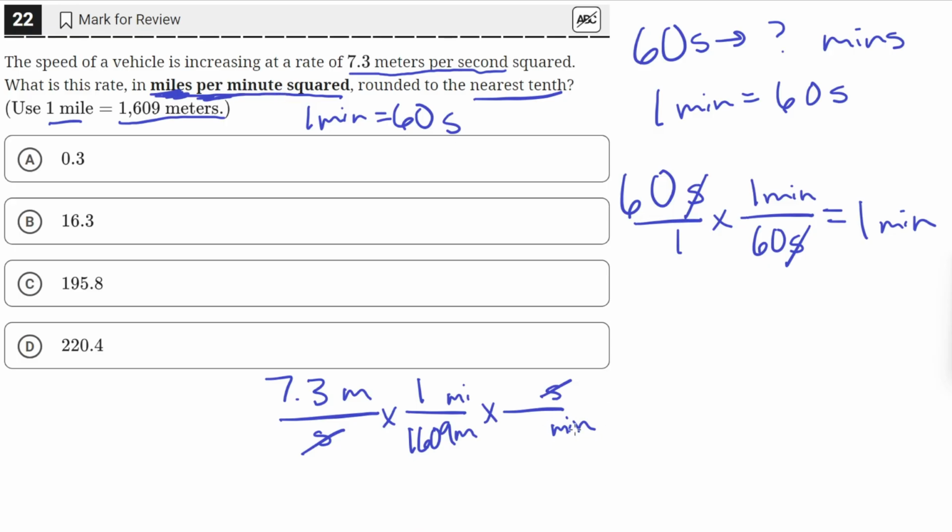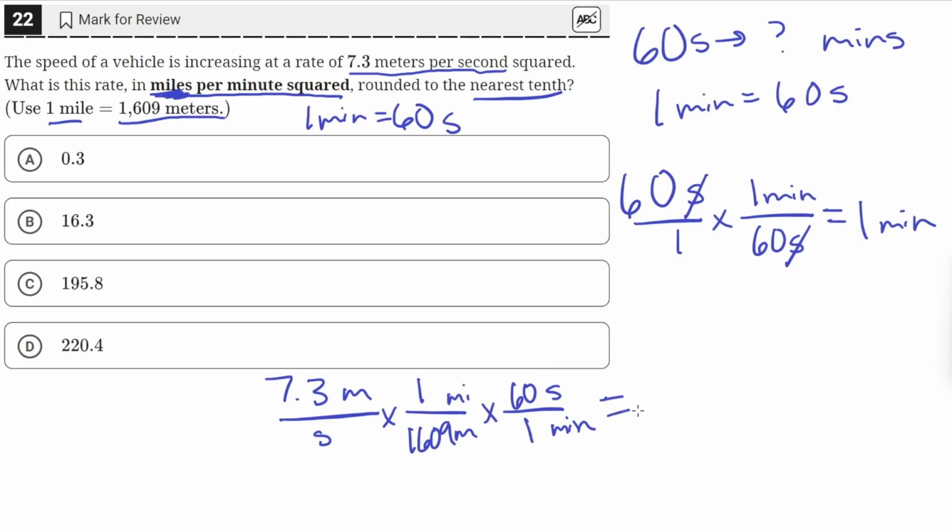So we want the minutes in the denominator. The only way we can do that is by having the seconds in the numerator to cancel out the seconds here in the denominator. So we're going to have the minutes in the denominator, and then we can put in our numbers. 60 seconds is equal to 1 minute.